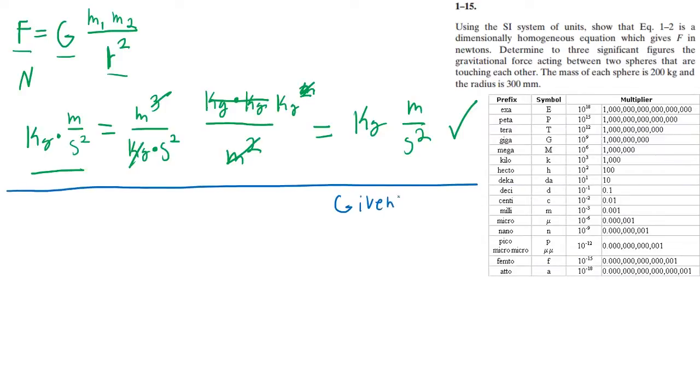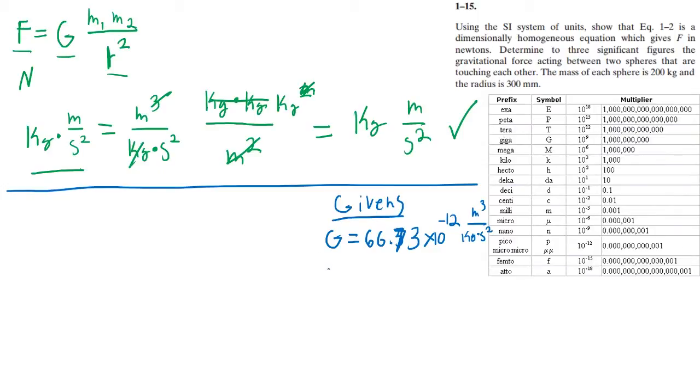So we know G, it's pretty long. Might not fit where I just put it. 66.3, or 73, excuse me, I always get that mixed up, multiplied by 10 to the negative 12 meters cubed per kilogram second squared.